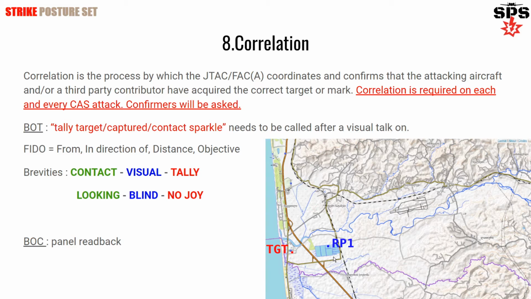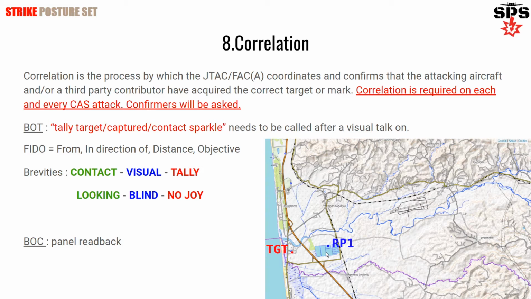There's a rule of thumb for the unit of measure: you don't want to go with more than 5 units when you move, otherwise you just get lost, and no less than 1/4 of a unit. Also you need to think about the pilot's point of view. If there are trees, you can expect him to not see a road, for example, so pay attention to that as well. So let's start our TALCON.